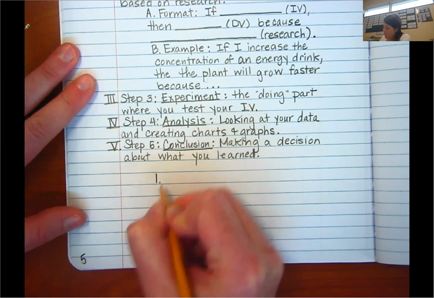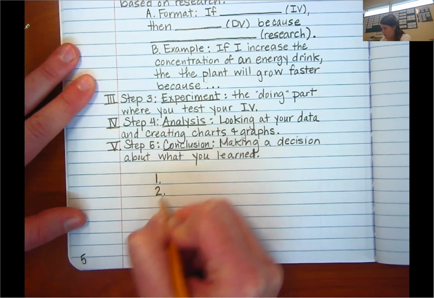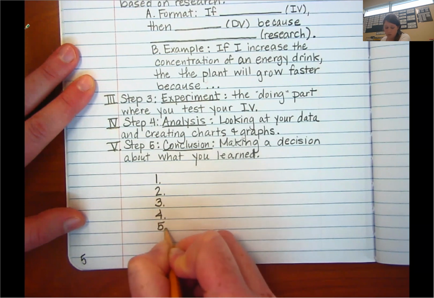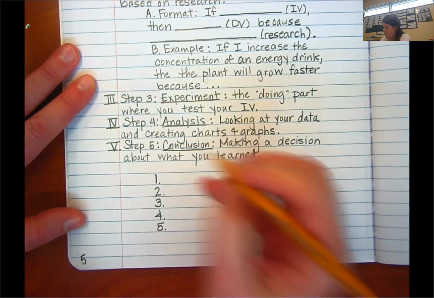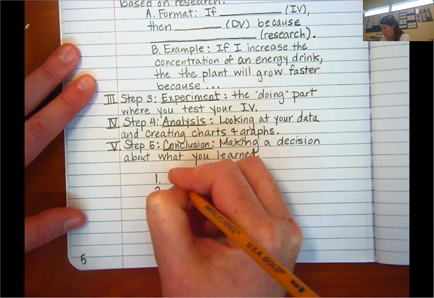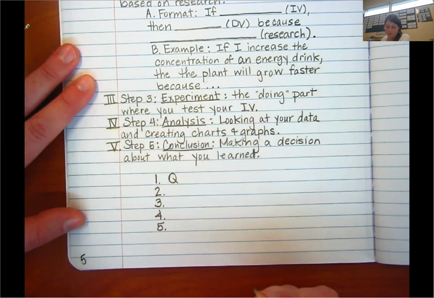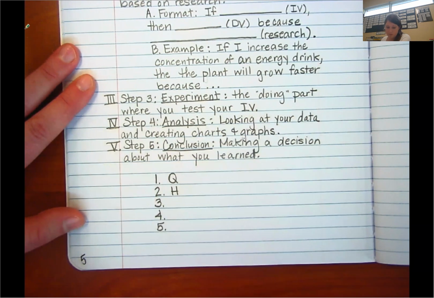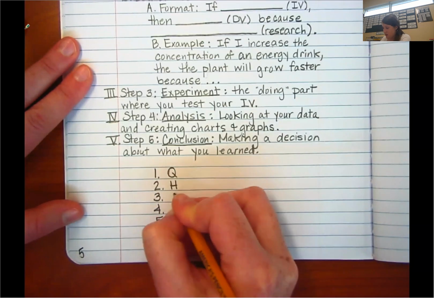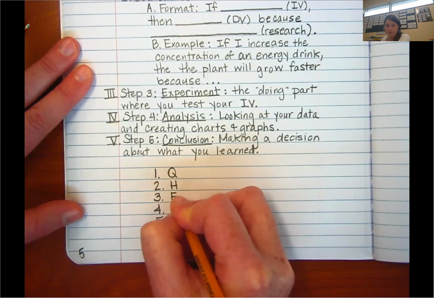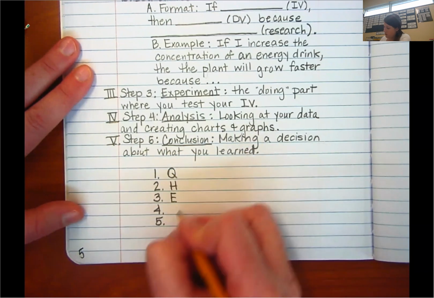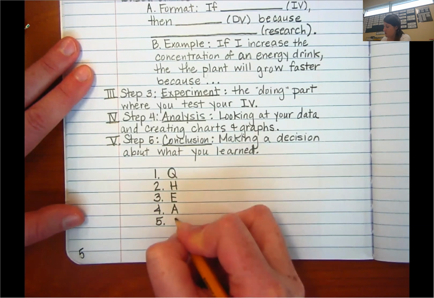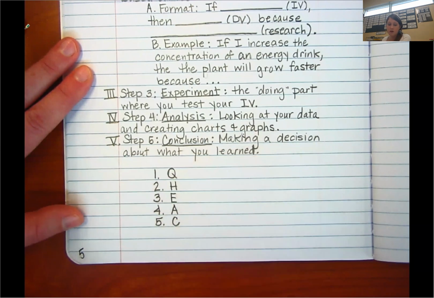So for steps, you had question, which starts with a Q, hypothesis, which starts with an H, research-based hypothesis, experiment, analyze your data, your analysis, and you create a conclusion.